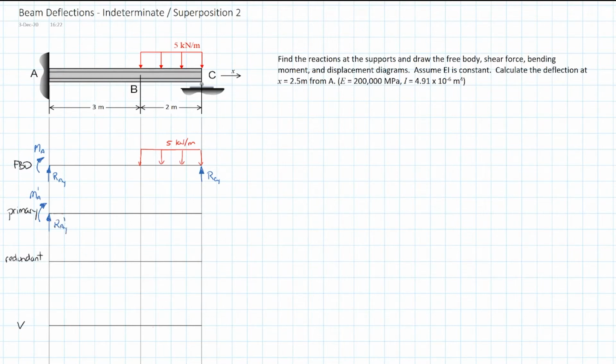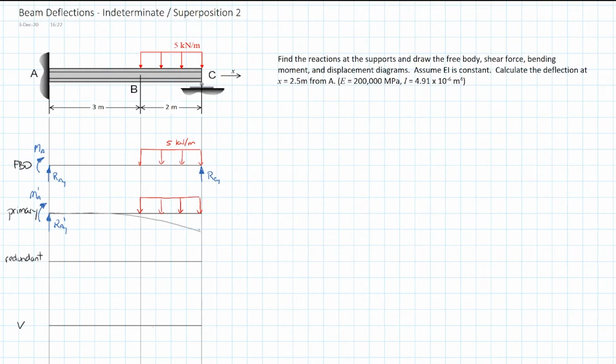And we have our uniformly distributed load, so I'll put it in here. And I can go ahead and approximate our deflected shape. It'll come out with a slope of 0 from the support and slowly bend down to there.